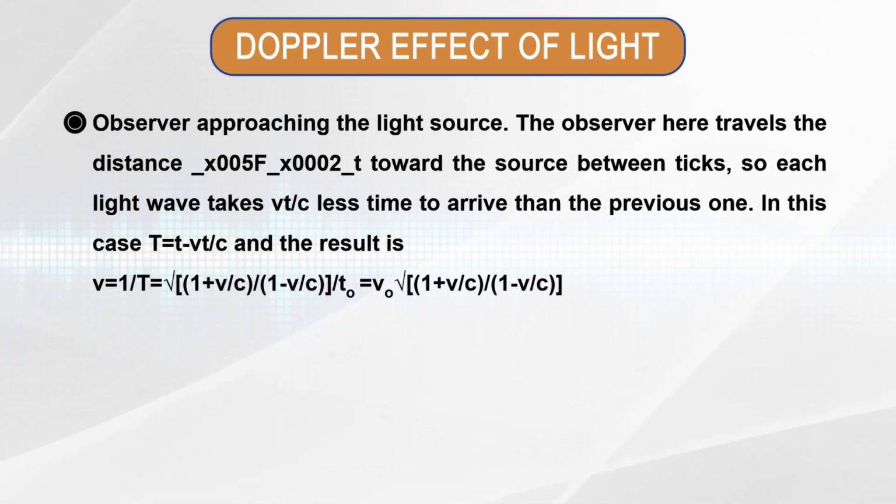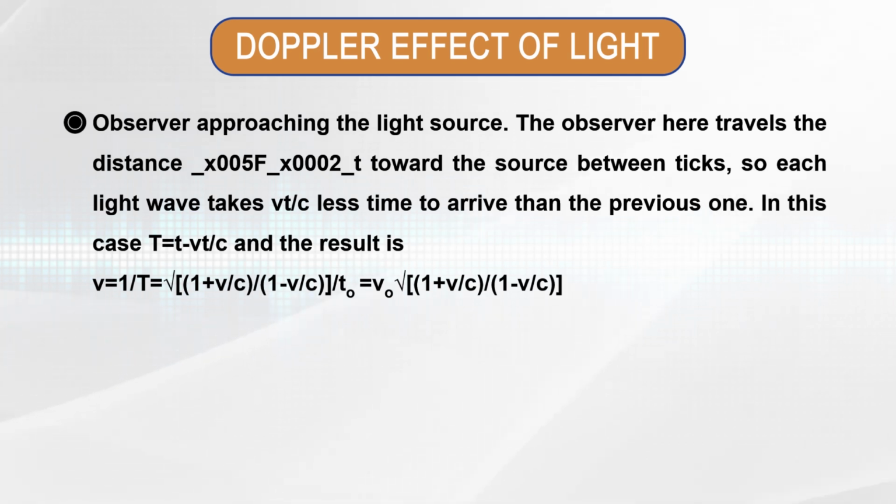That less time is equivalent to vt by c. The total time now calculated is capital T equivalent to t minus vt by c, and again with similar mathematics, nu prime is equivalent to nu naught root of 1 plus v by c upon 1 minus v by c.